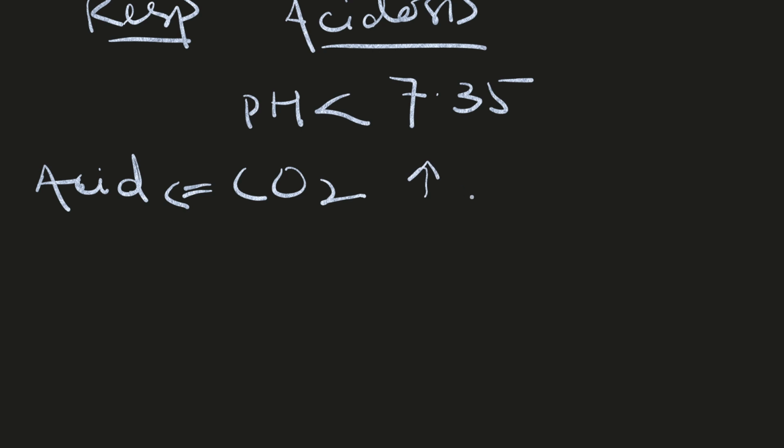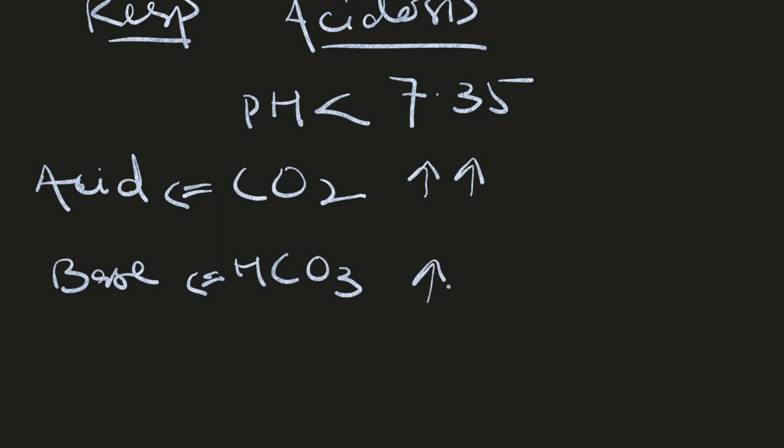There will be accumulation of carbon dioxide. As a result, to make the body go towards the equilibrium, what will happen to a base? The base will start accumulating in the blood, or it could be normal.